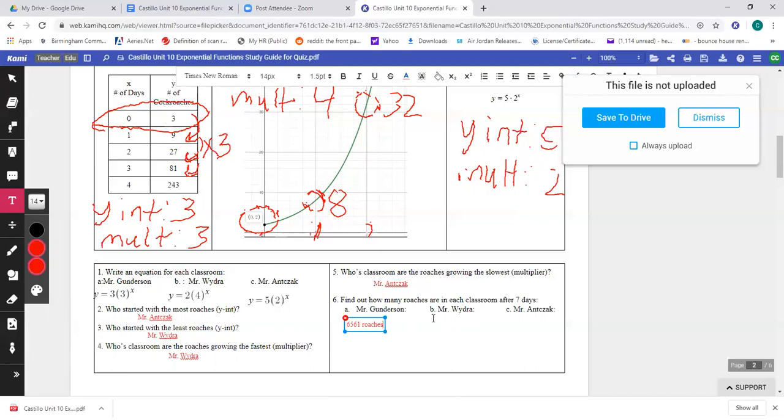For Mr. Wydra, you should have got 32,768 roaches. And then Mr. Anzac, you should have got 640 roaches.